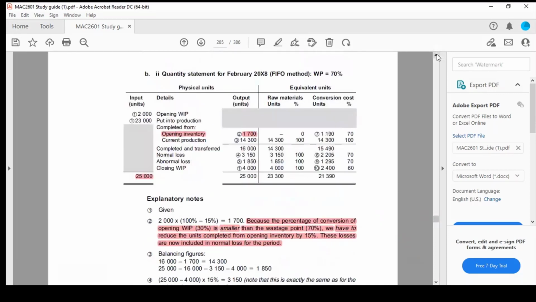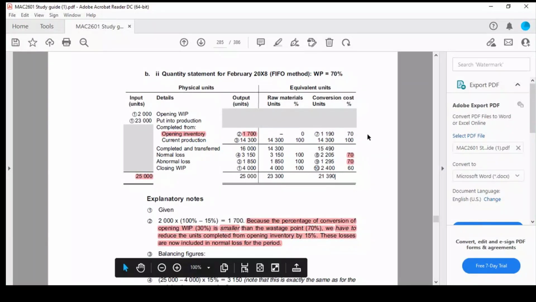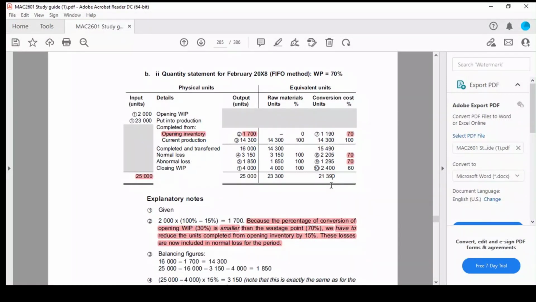So you're not going to say 2,000 multiplied by 70%. And you also have to show the point at which your normal loss happened here on your conversion costs. Just something that's different in terms of first in, first out.